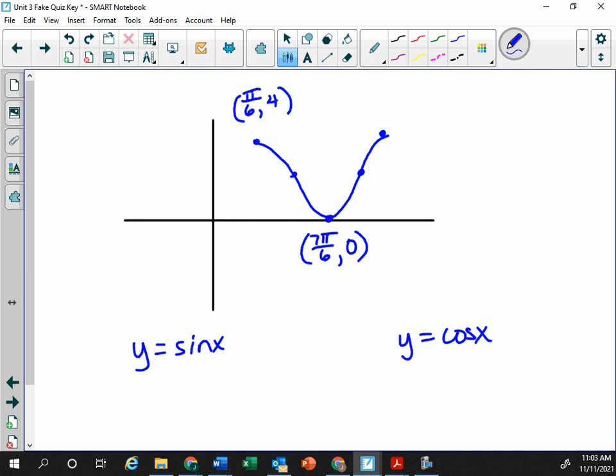Yeah, you can do it on a whiteboard if you want, or on your own paper. It's up to you.